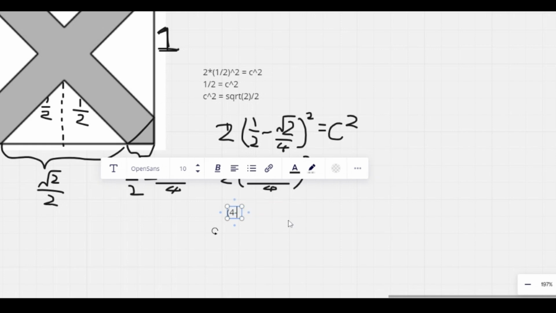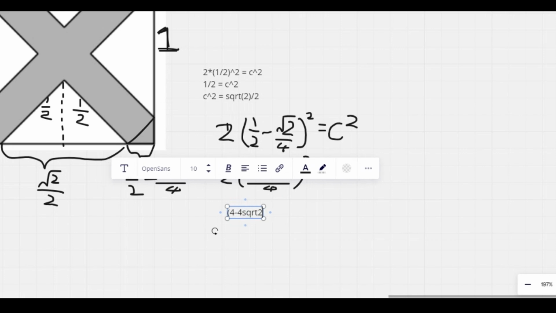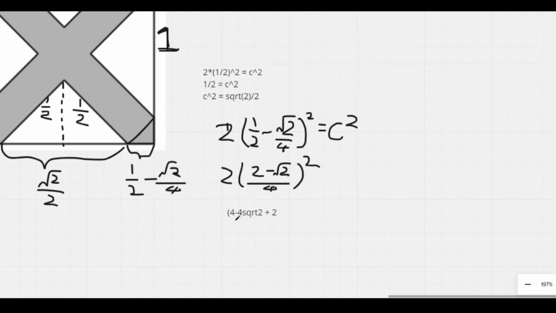4 minus 4 square root of 2 plus 2, and all of that over 16.